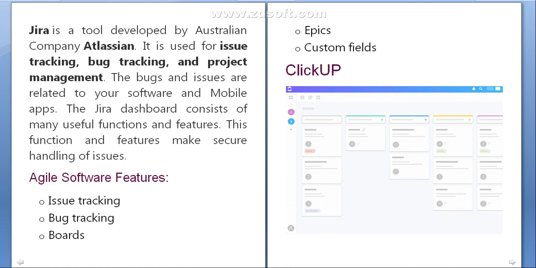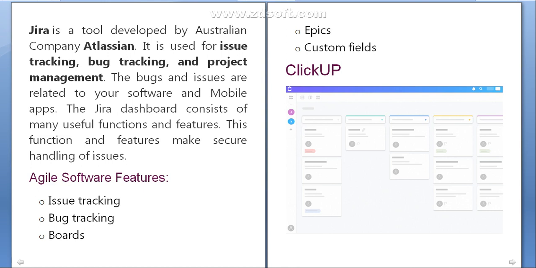So the dashboard of Jira consists of many useful functions and features. These functions and features make the handling of issues secure. This tool has different functions or features: if there is some issue, you can track that issue. If there are bugs in the software when you develop it, you can also track those bugs.